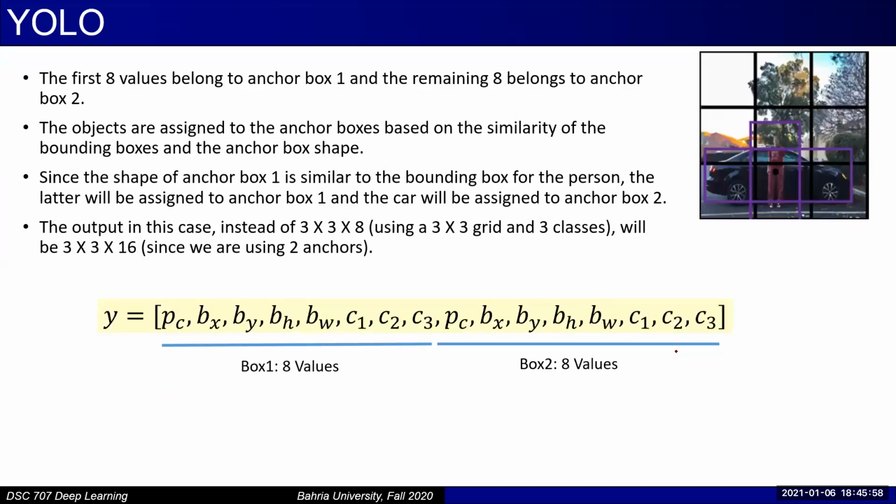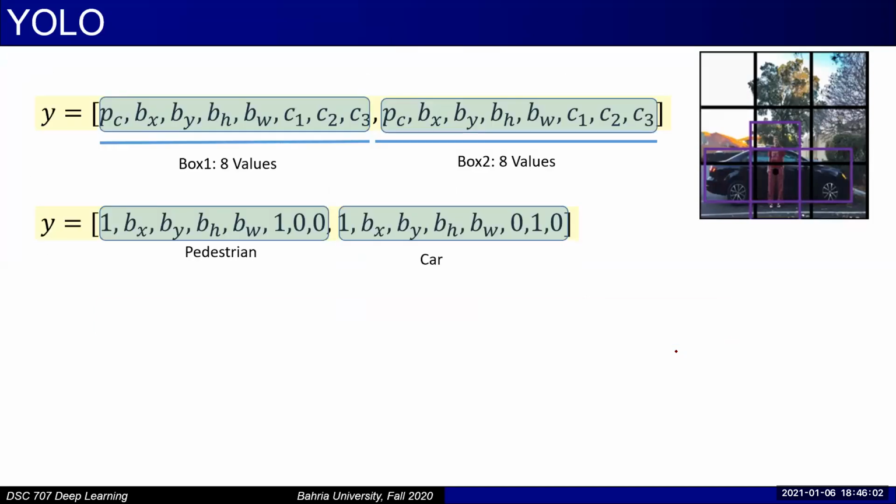And if we now try to label this grid cell, which contains both the person and the car, how would I label it? For this anchor box in this grid cell, it contains an object. Yes. Here we'll put some real numbers, which are x, y, width, height. And since it's a pedestrian, this is 1, the rest are 0.